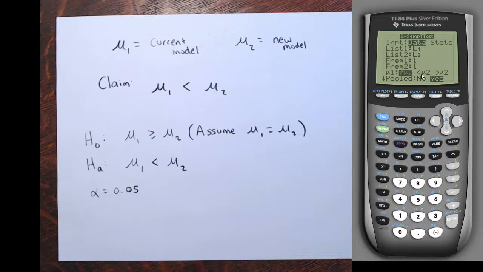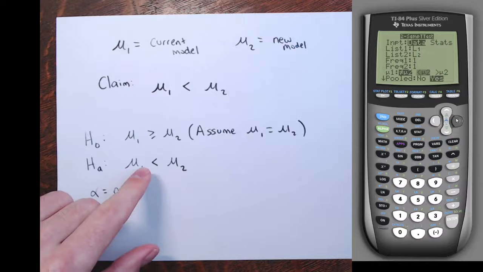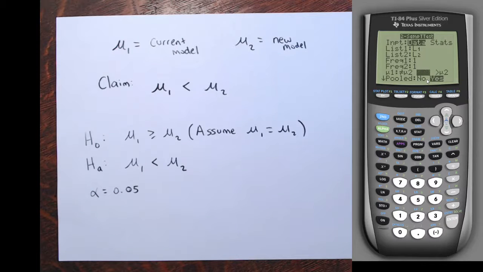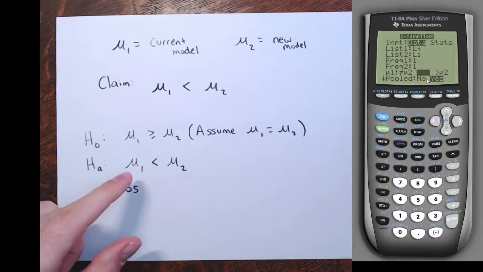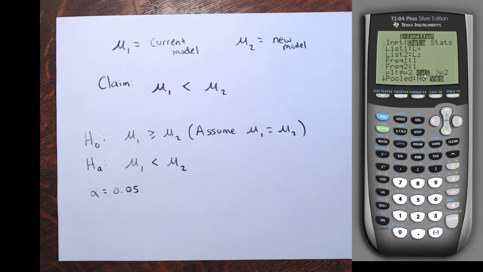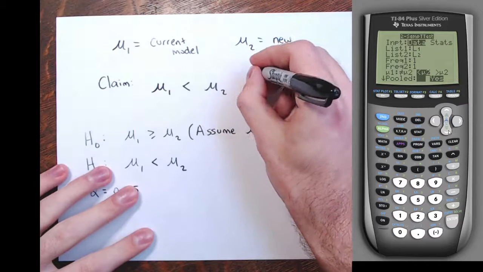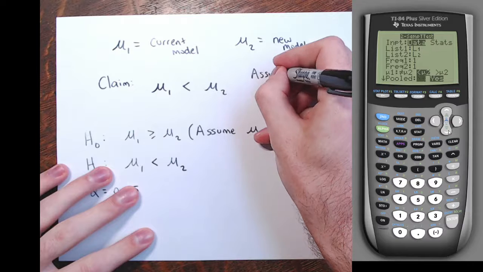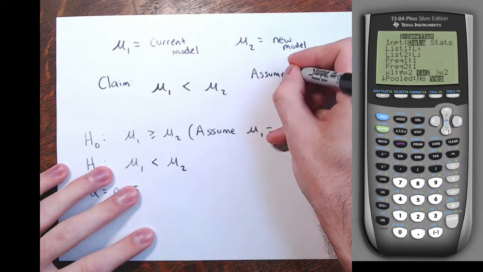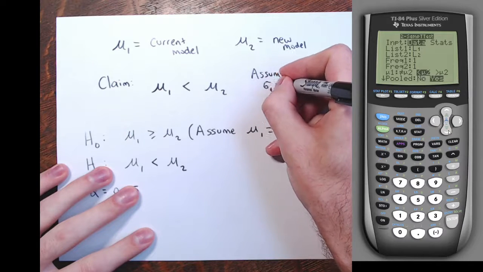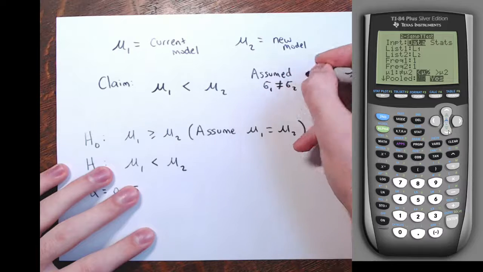And then this line says, what does the alternative hypothesis look like? Is it a two-tailed test, a left-tailed test, a right-tailed test? It is a left-tailed test. All right, mu1 is less than mu2. Got that here. And is it pooled? Well, remember, the assumption was that sigma 1 is not equal to sigma 2.